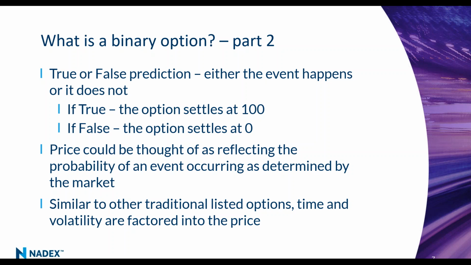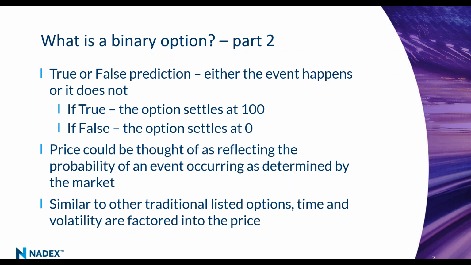And just like any other options, or any other product, with a binary option, the time to expiration and volatility of the product will be factored into the price, into that probability. As the marketplace prices the probability of an event being true, if there's a lot of time, they're going to factor in that there's a lot of time for the market to move around and for the prediction to either be true or false.